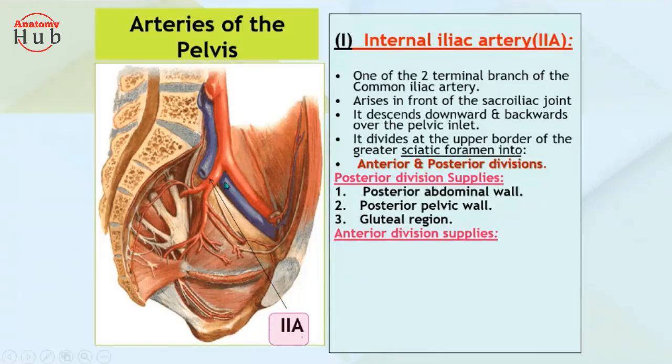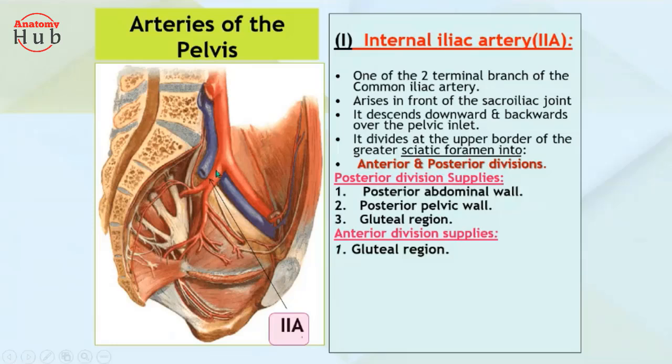Then come to this anterior division. This anterior division is the main important source of blood supply to the pelvic viscera, right? Here it also gives branches that go towards the gluteal region.